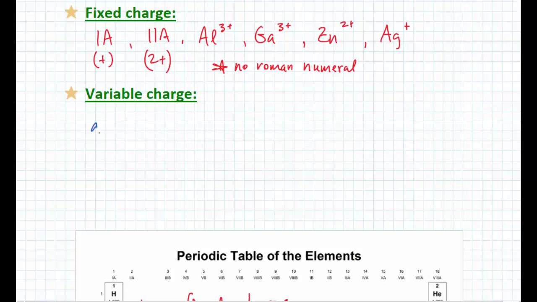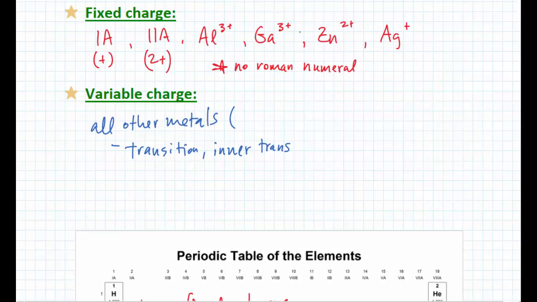How about let's just say all other metals. Transition metals. Inner transition. Okay. All other metals except not the fixed.